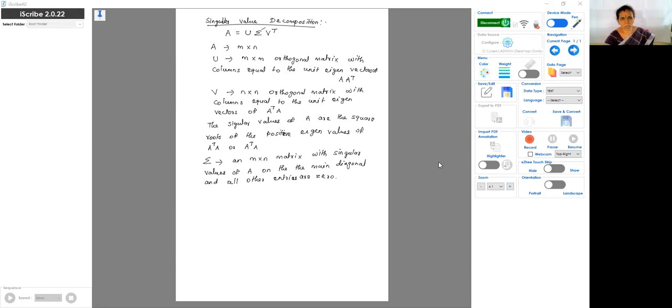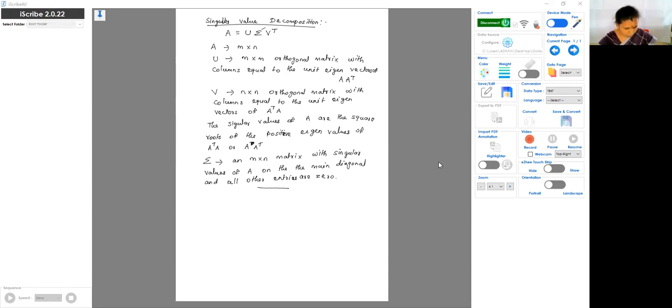Singular values are obtained as the square root of the positive eigenvalues of A transpose A, otherwise A A transpose. Sorry, I wrote A transpose here. Both A transpose A and A A transpose have the same eigenvalues. Among them, we choose the positive ones and take the square root. We get the singular values, and with that, we can decompose our A as a singular value decomposition.